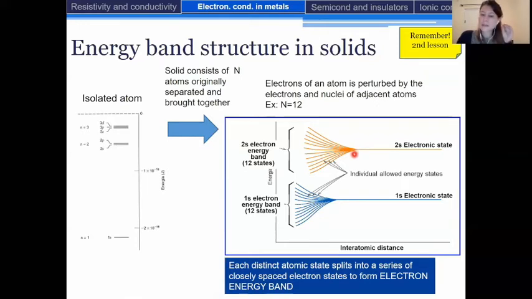And so this atomic state is split into a series of closely spaced electron states. So in that case, since it has 12 adjacent atoms, we observe the splitting into 12 distinct atomic states. When the atoms are brought even closer, we observe the splitting of more inner electronic states. And so it is also split into 12 different states.